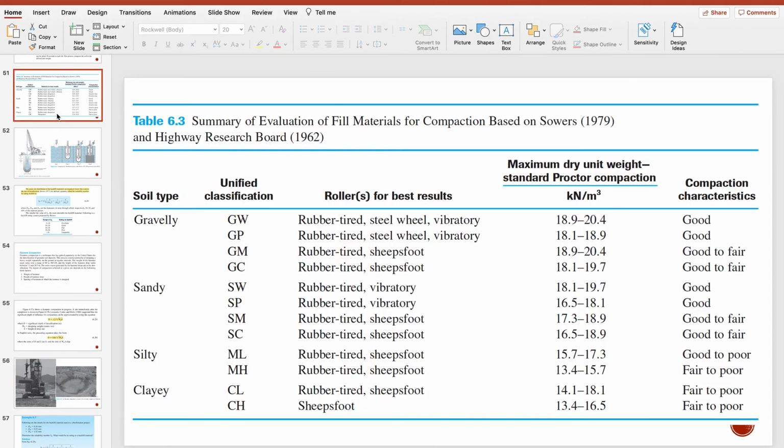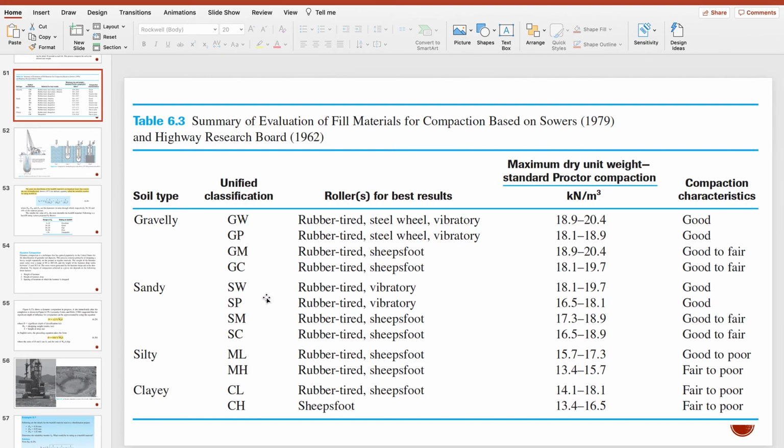So you have here the summary evaluation of fill material for compaction based on SOWERS and Highway Research Board. So for gravelly, GW, rubber tired, steel wheel, vibratory. Good. For GM, GC, rubber tired, sheep's foot, good to fair. Okay siya.